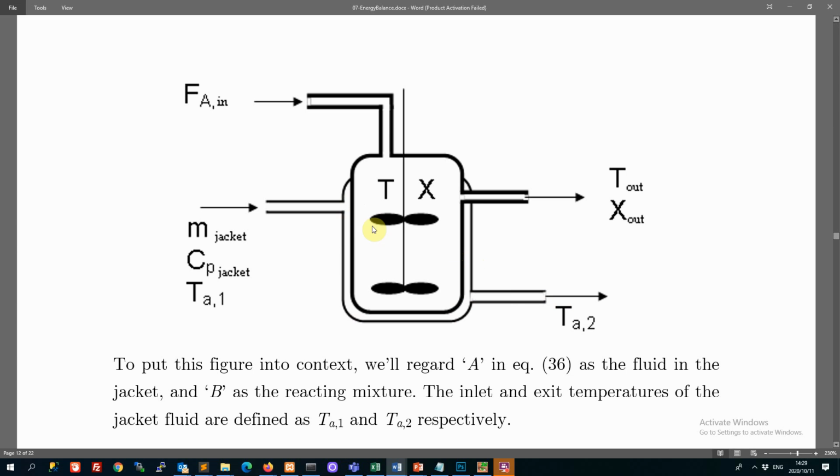And so there's a heat transfer going on between this reactor and this jacket. Here you could imagine maybe 200 degrees coming in here, and then let's say this was heating. So maybe oil goes in here at 400 degrees and leaves here at 300 degrees, because it's giving up heat into the reactor.